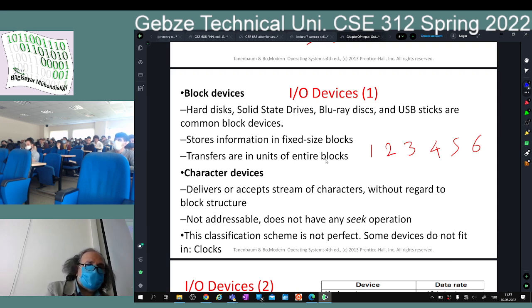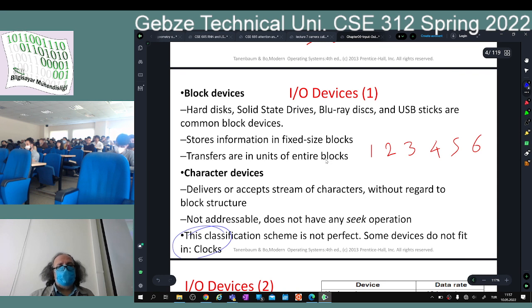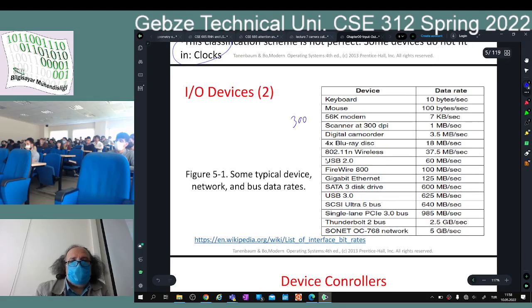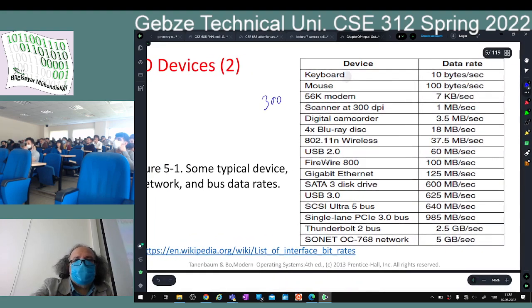Again, these clocks, timers. We say that it doesn't fit either. It is not a block device, it's not a character device, but still, we call it an I/O device, and it's an important device. Here is a maybe outdated list of I/O devices, sorted with respect to the data rate, starting from the keyboards.